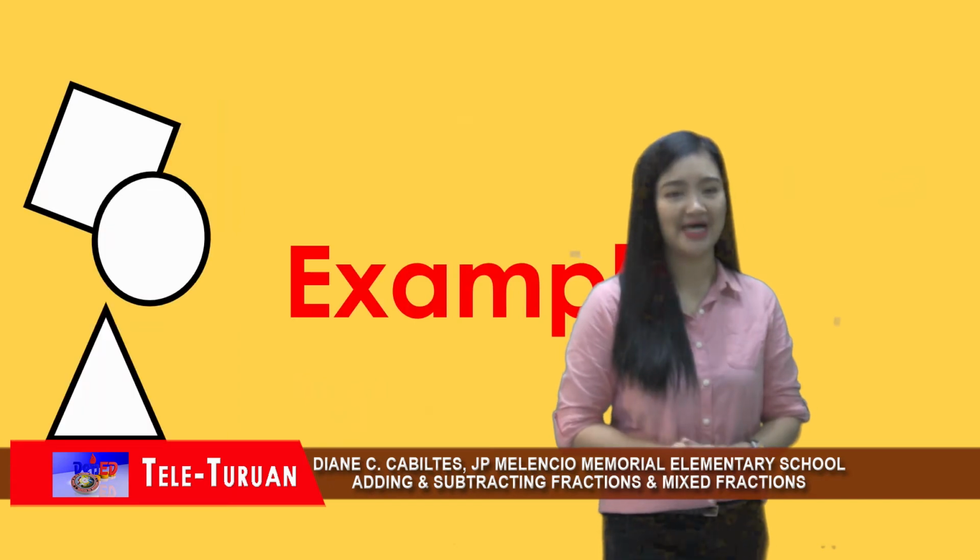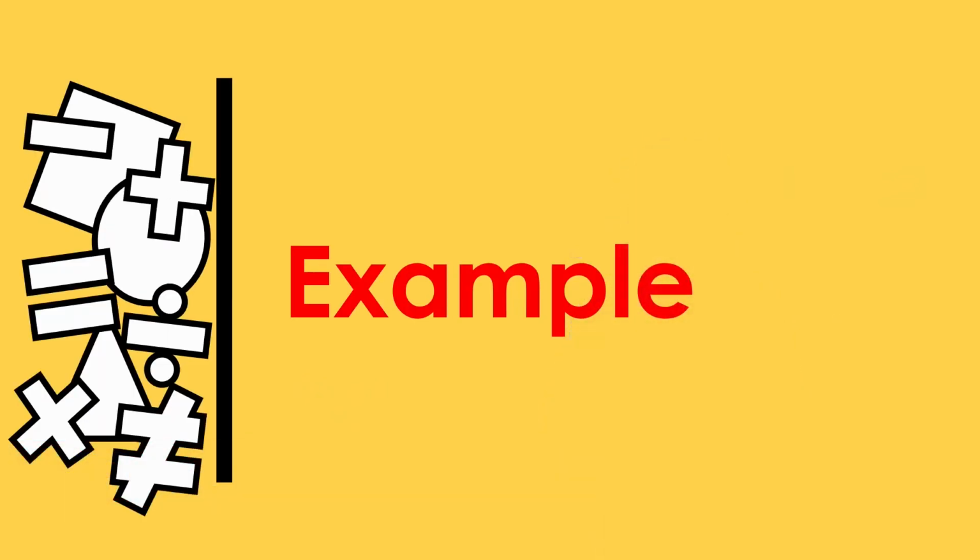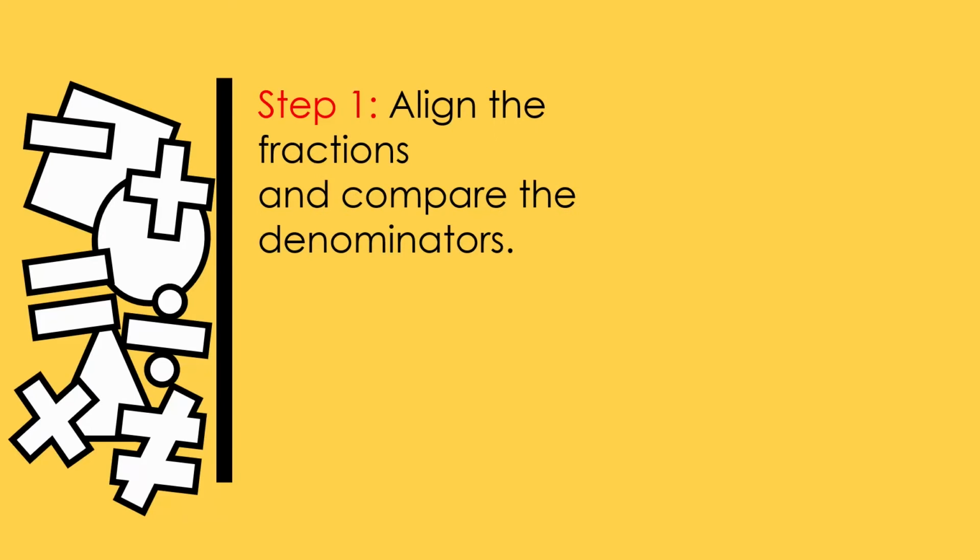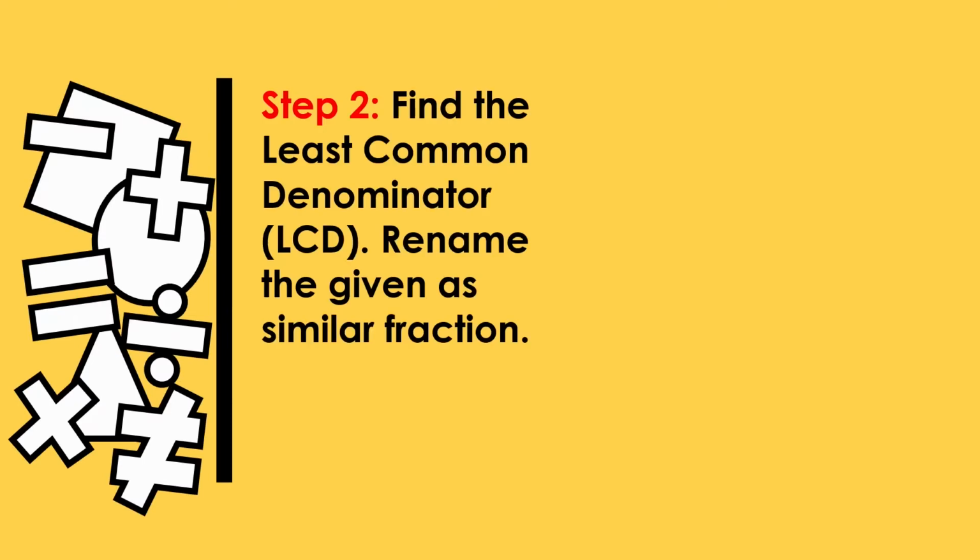Let's have another example. 12 1/2 minus 1 3/4. Step 1. Align the fractions and compare the denominators. 12 1/2 minus 1 3/4. They are dissimilar fractions. Step 2. If the fractions are dissimilar fractions, find the least common denominator, or LCD.